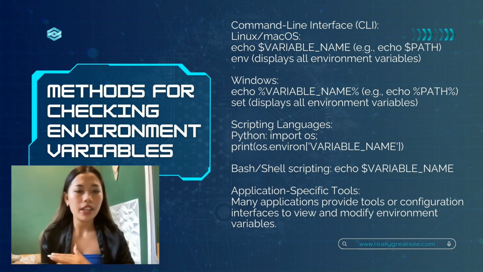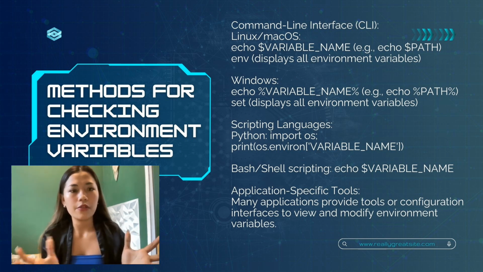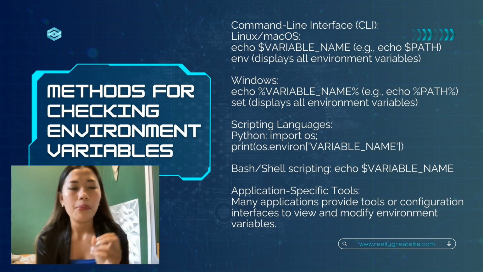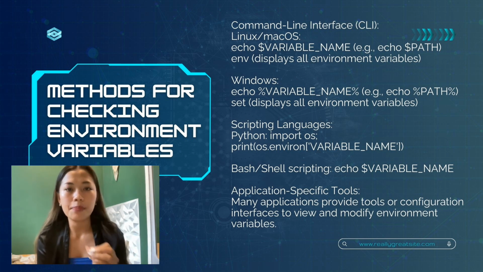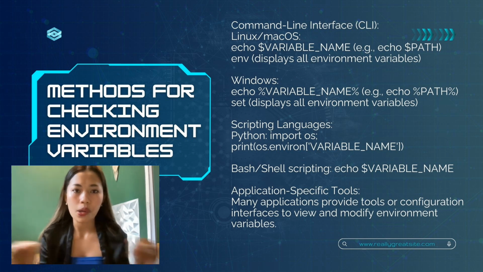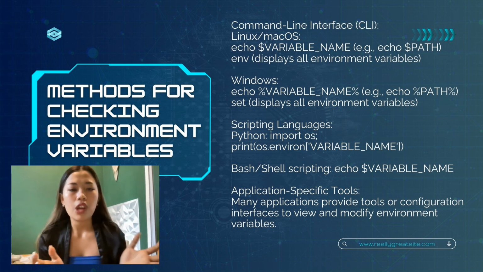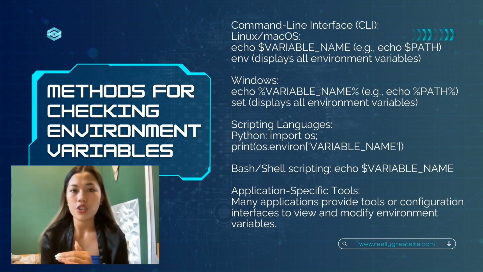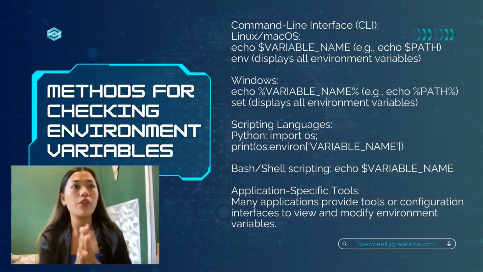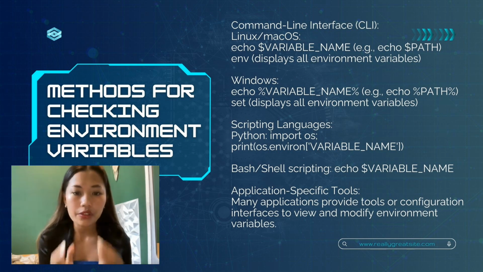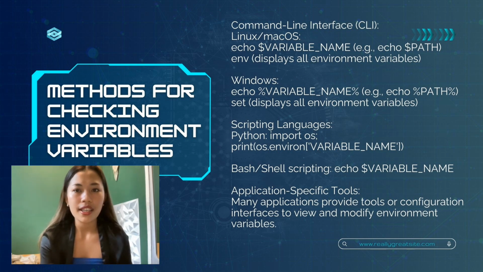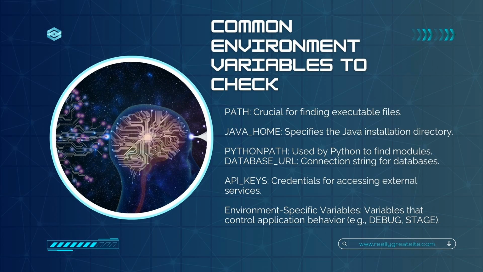And for empty variables, if an environment variable is set but has no value, the echo command will simply display a blank line. And for programming languages, most provide functions to access environment variables within your code, allowing you to check their values dynamically. So that's all. Thank you so much.